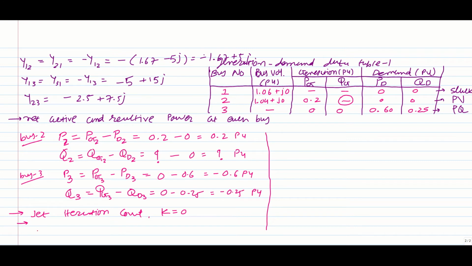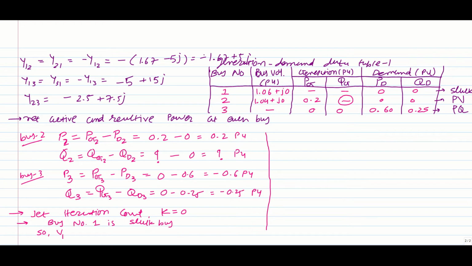and it is also given that the slack bus number is 1. So, right over here, bus number 1 is the slack bus. And the value of that slack bus voltage will remain the same throughout the example.